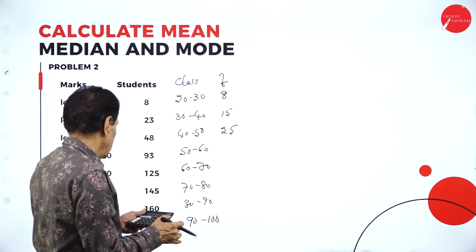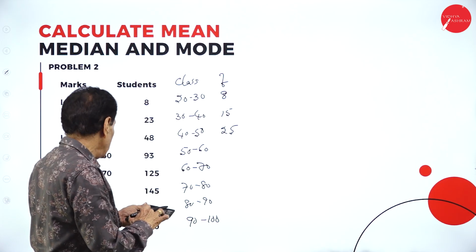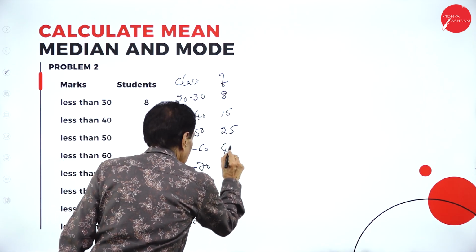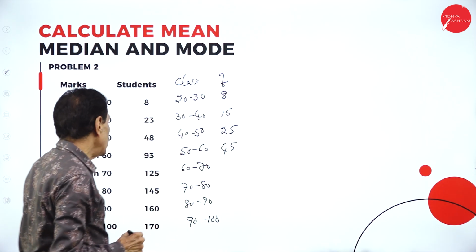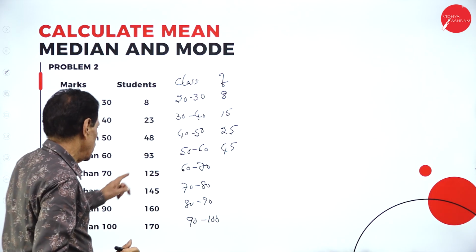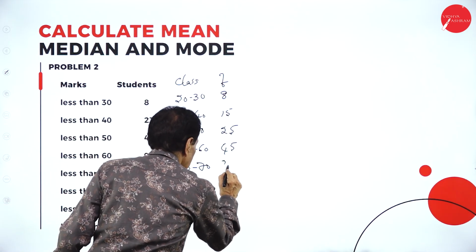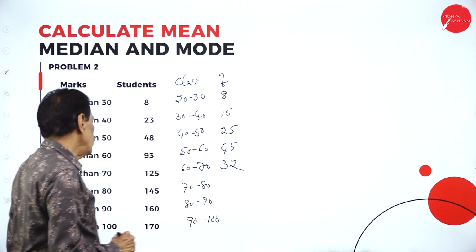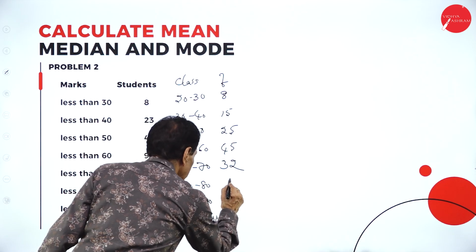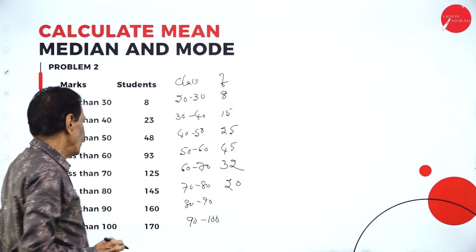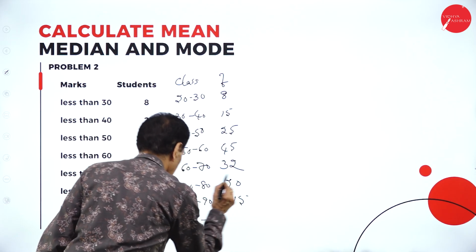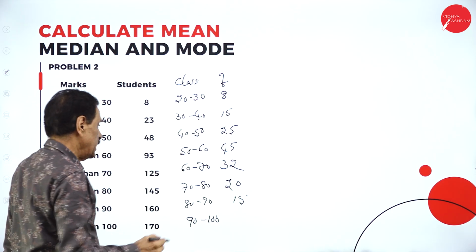Then 93 minus 48 is equal to 45. Then 125 minus 93, it is 32. 145 minus 125, this is 20. 145 to 160, it is 15. 160 to 170, it is 10.